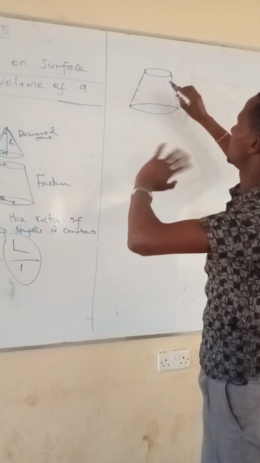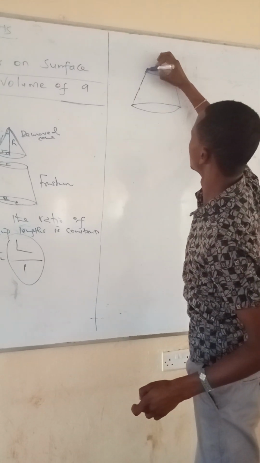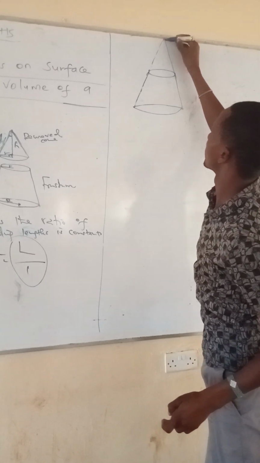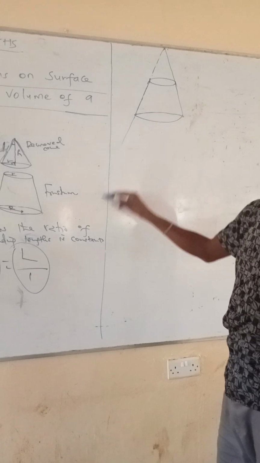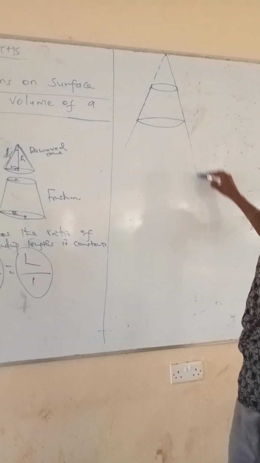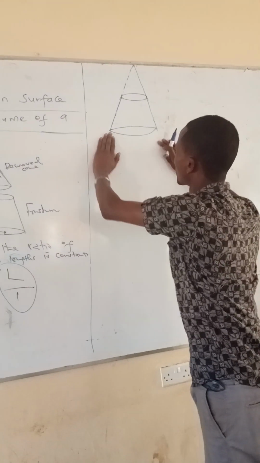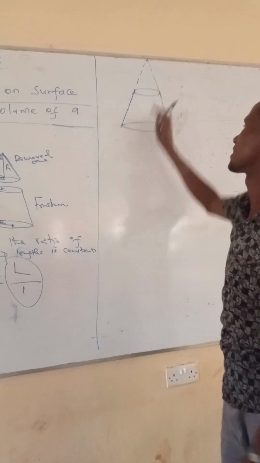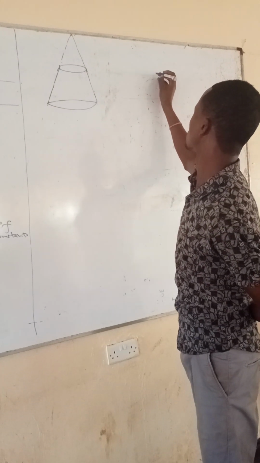They are most likely to meet on this side than this side, because if you extend on this side, it means that will go that way, and also this one, so they will meet at a point there. But if you extend on this side, they will never meet. So always know that the apex is on the side of the smaller circle.